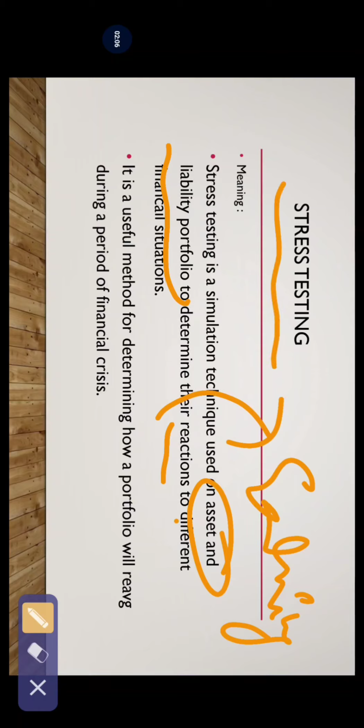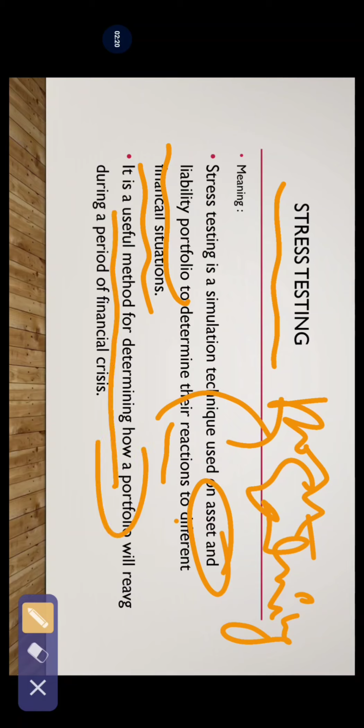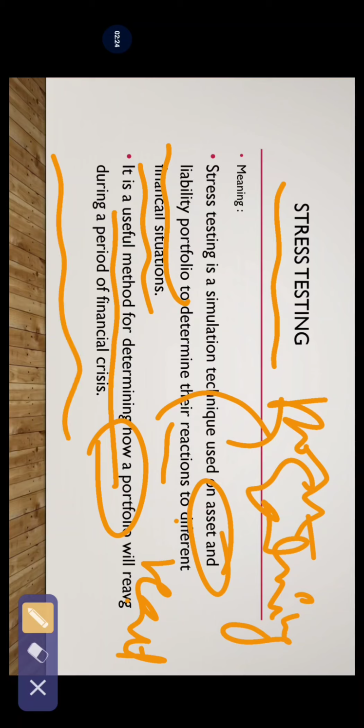So simply, here we are studying the stress on the portfolio during different financial conditions or situations. It is a useful method for determining how a portfolio will react during a period of financial crisis.